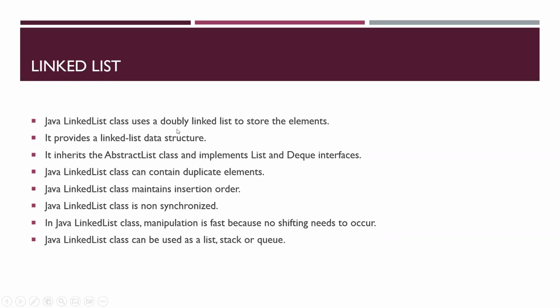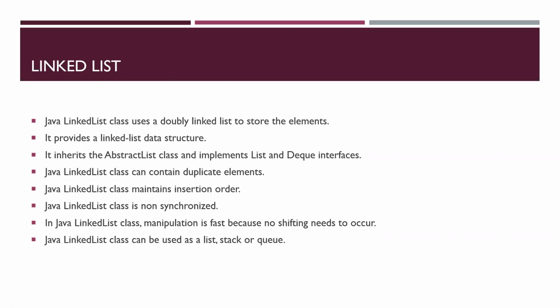So what is the class doing? It is used to store the elements. It's a data structure which provides a linked list, and it is inheriting abstract classes and implementing List and Deque interfaces. In your interview questions, you need to revise all these topics because they are quite similar and quite confusing.